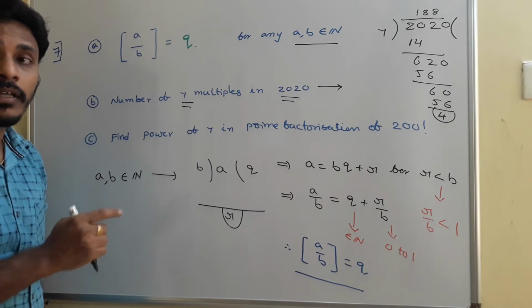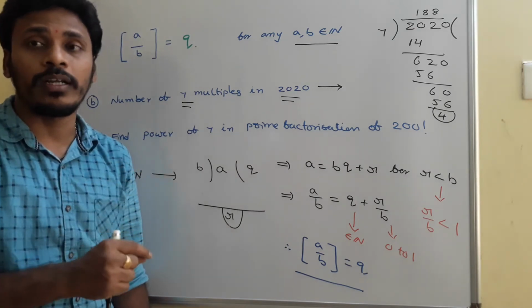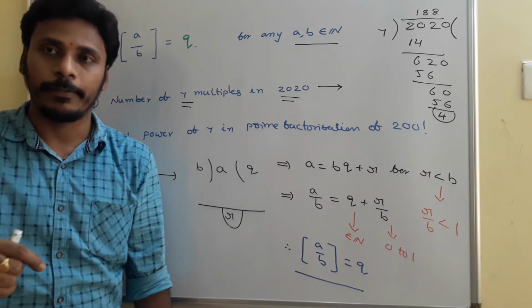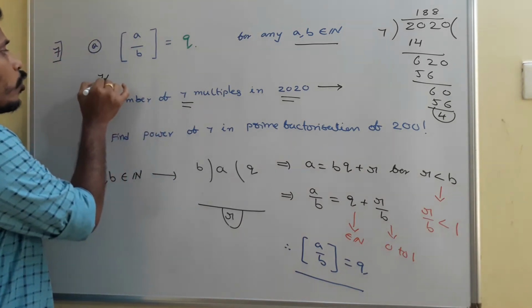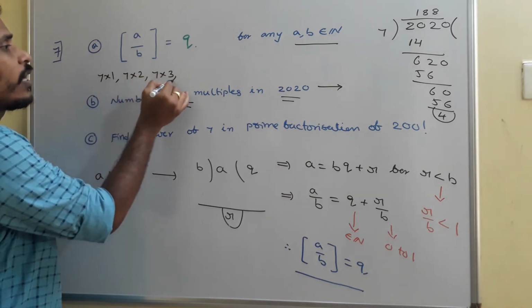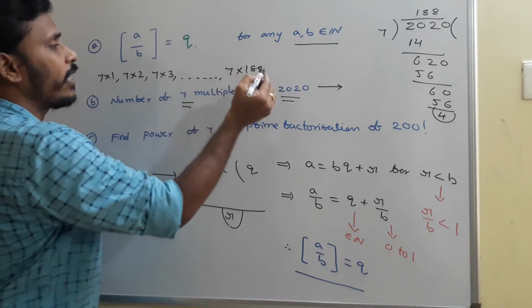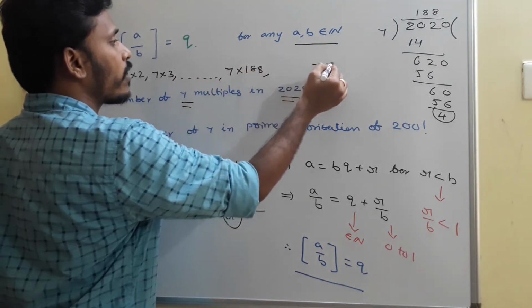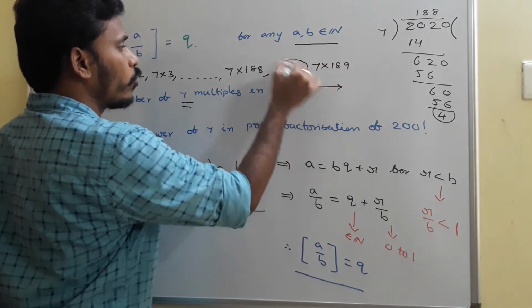So the nearest 7 multiple for 2020 is 7 into 188. If you write all the 7 multiples, 7 into 1, 7 into 2, 7 into 3, and likewise up to 7 into 188, and then somewhere you have 7 into 189. In between these two numbers, you will get 2020.